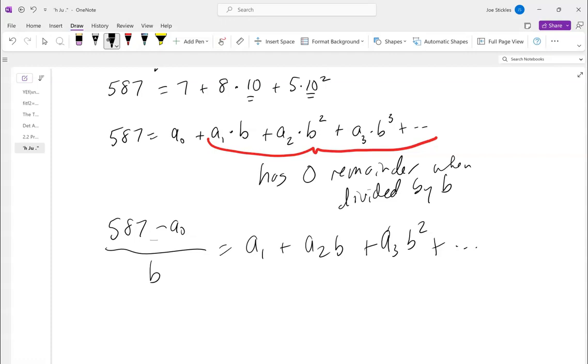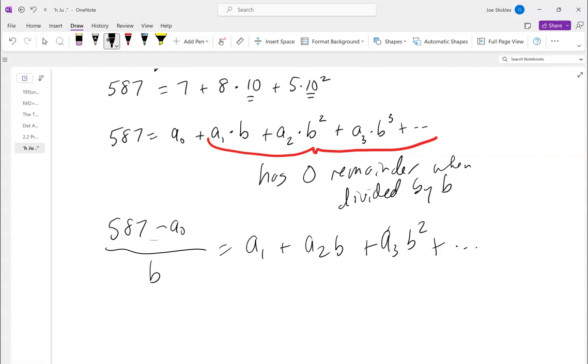Divide both sides by B. The remainder on the right-hand side is A1, so the remainder on the left-hand side has to be what A1 is. Once we figure out that one, what do you think we're going to do? Subtract, divide, do it again, right? Keep doing this process over and over again. This is how you convert from one number to another, or one base to another, okay?